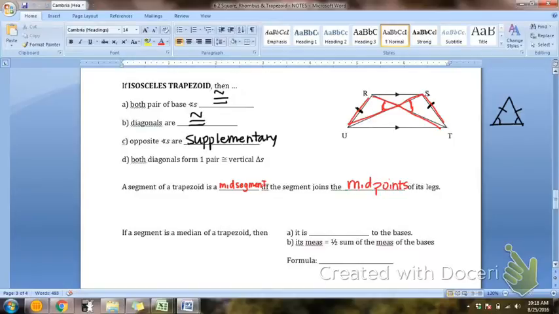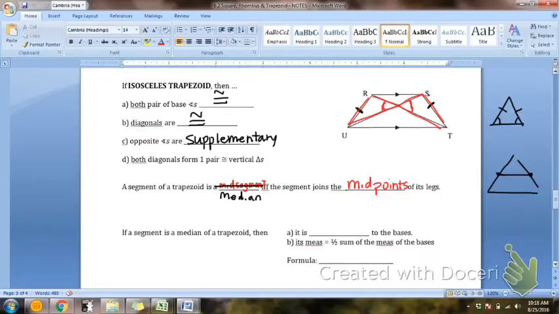Do you guys remember with our triangle we had this mid-segment if it connected the midpoints? Do you remember doing that? Please say yes. Okay, and I'm sorry, instead of mid-segment, the more official definition is median. So let's write median instead. It means the same thing. A segment is a median if it goes through the midpoints.